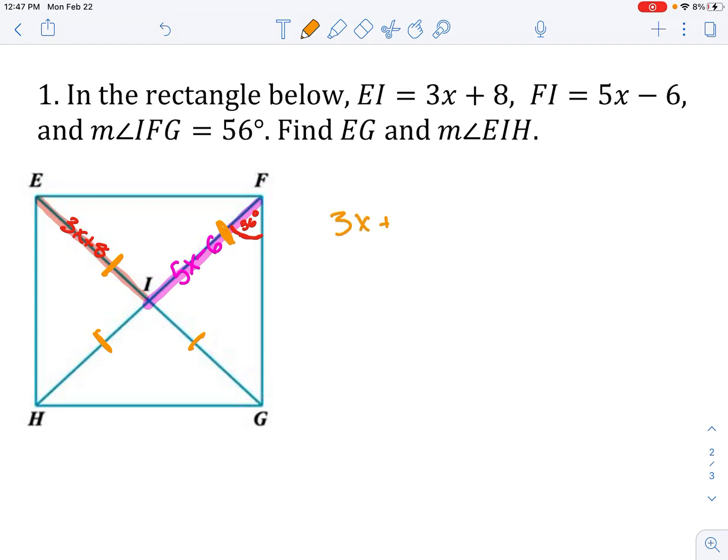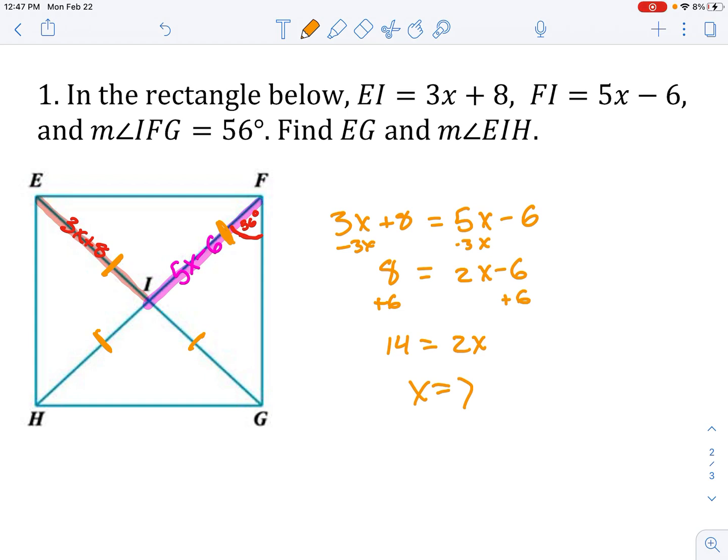So I can just say 3x plus 8 equals 5x minus 6. And then I can begin to solve. I'm just subtracting 3x from both sides, so I get 8 equals 2x minus 6. Add 6, so I get 14 equals 2x, so x equals 7.